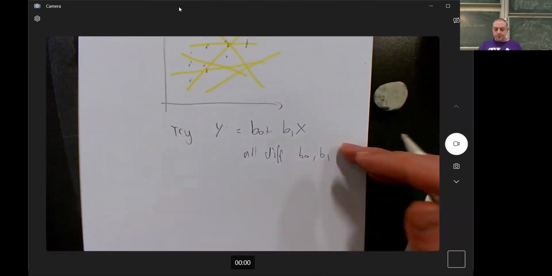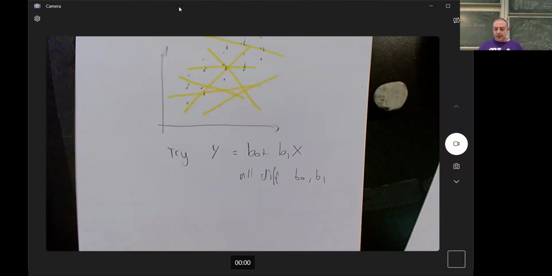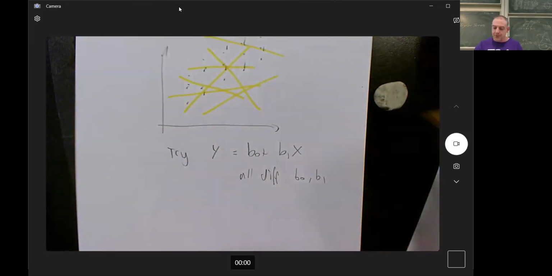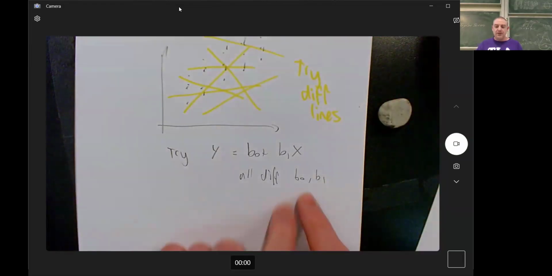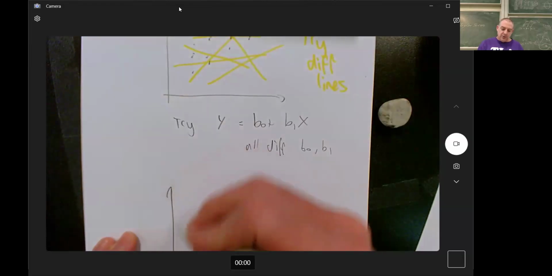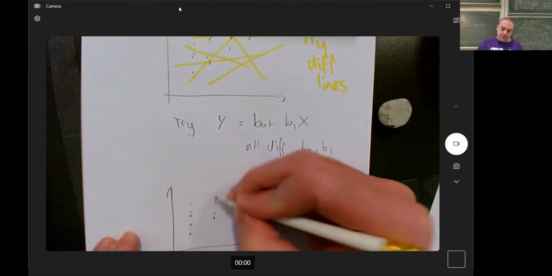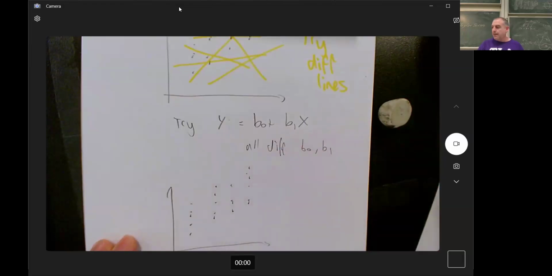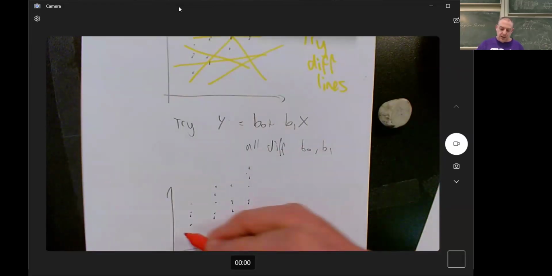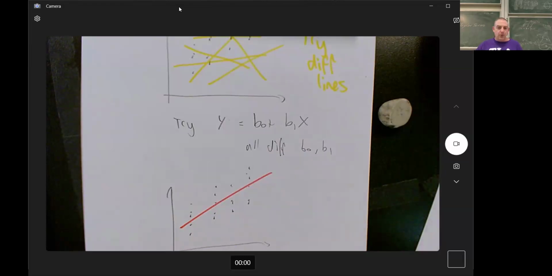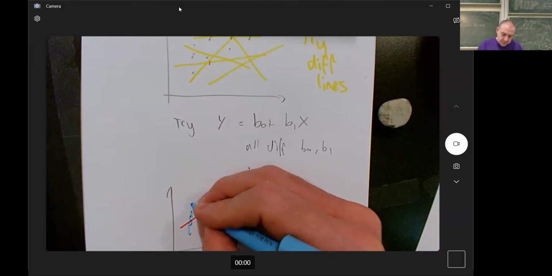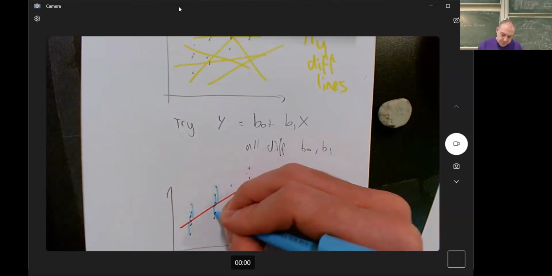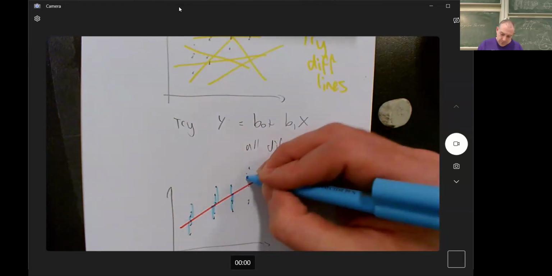So that's trying different lines, and that means trying different b0s and b1s. Then when you try a specific line, you figure out all of the residuals that go with that line, which are these vertical distances here, like this.